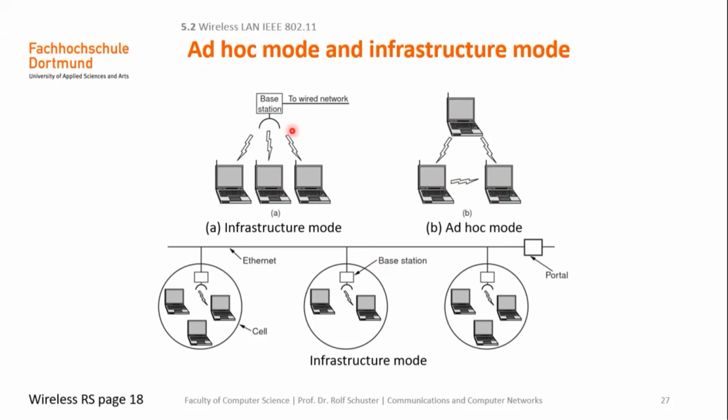In certain circumstances, for instance, in order to prevent or avoid collisions, we need to use the infrastructure mode. What is clear is that when we use an infrastructure mode, there are devices called access points. And when we use ad hoc mode, we don't need those access points.